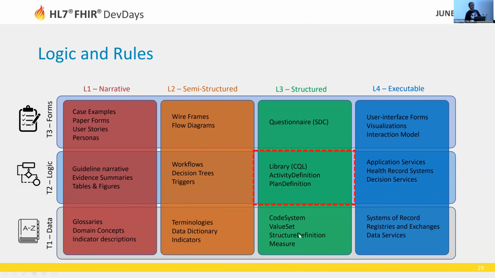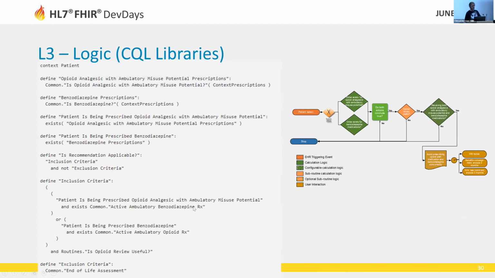So then we look at sharing logic and rules. This is the logic for recommendation 11. Patient is being prescribed opioid analgesic with ambulatory misuse potential, or the patient is being prescribed benzodiazepine.